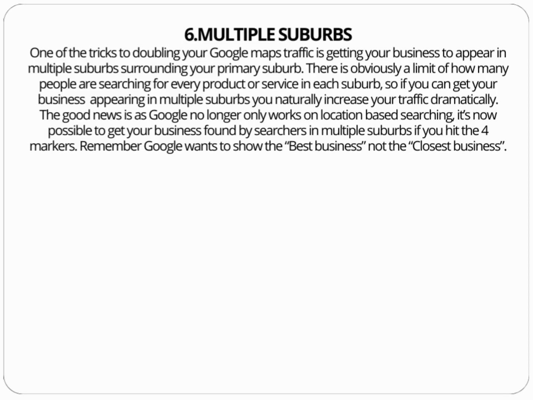And the best thing is that Google is no longer looking at location based searching. It is more into merit based searching. So if you have really good trafficking, it means your business is the best according to merit based searching. And this will create an opportunity for you to rank on the first page itself.